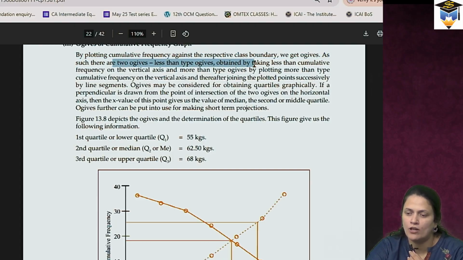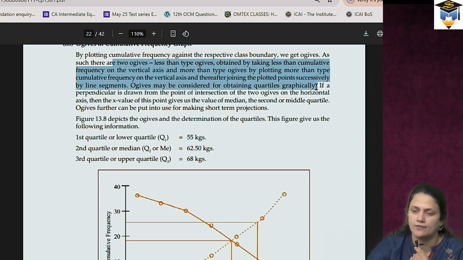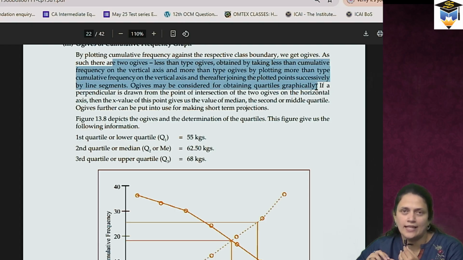Less than type ogives are obtained by taking less than cumulative frequency on the vertical axis, and more than type ogives by plotting more than type cumulative frequency on the vertical axis. Thereafter, join the plotted points successively by line segments.